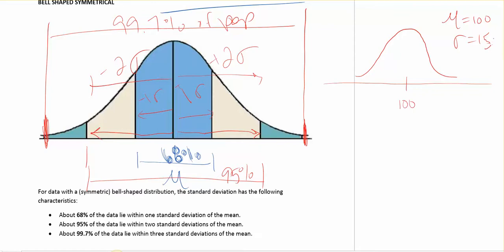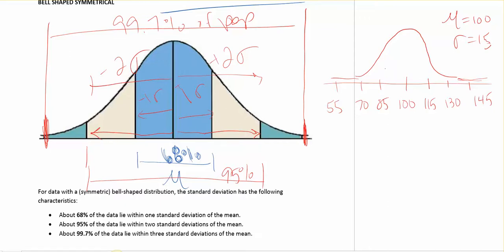You could draw this distribution. So 1, 2, 3 tick marks take us out to here, and 1, 2, 3 tick marks this way. And each tick mark is 15 points. So this guy would be 115, add 15 more, add 15 more. And in the other direction you subtract. And ta-da, there you go.